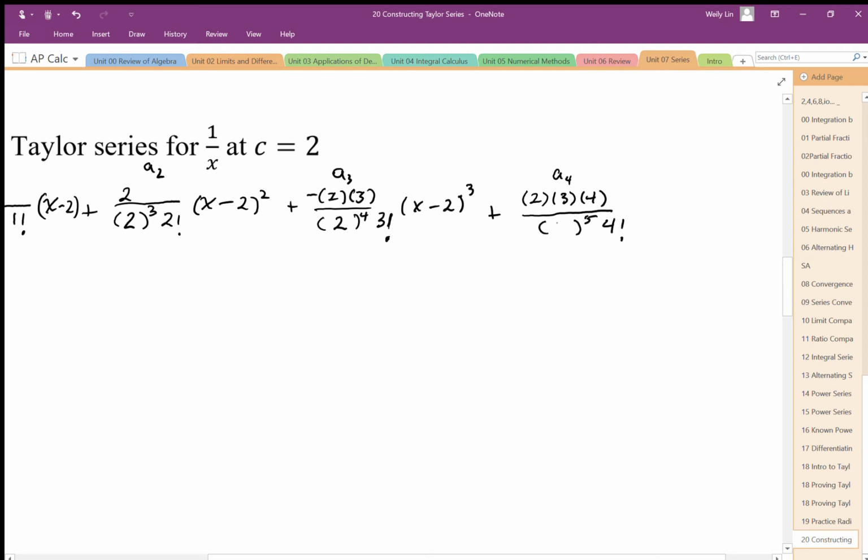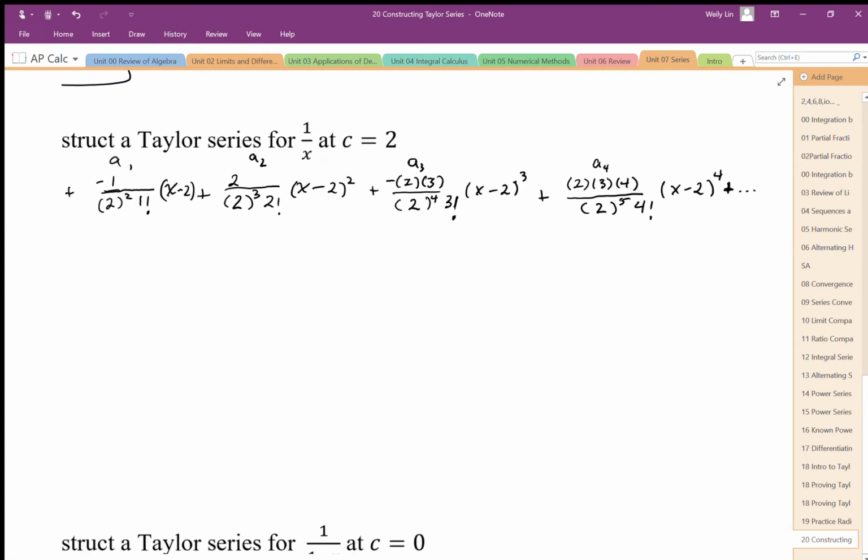I'm going to evaluate that derivative at c. Oops, and c is equal to 2. We know what c is. And then I need my power series part, so x minus 2 to the power 4 plus dot, dot, dot. Okay, so we can keep going, and we can generate as many terms as you really want.